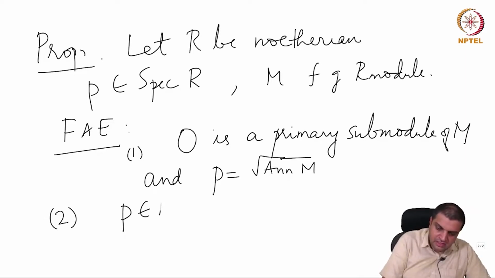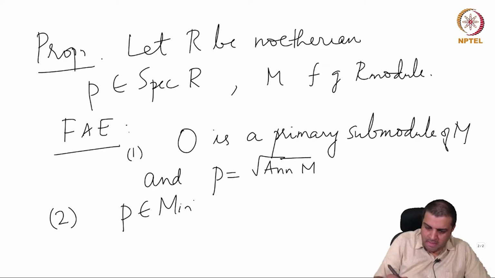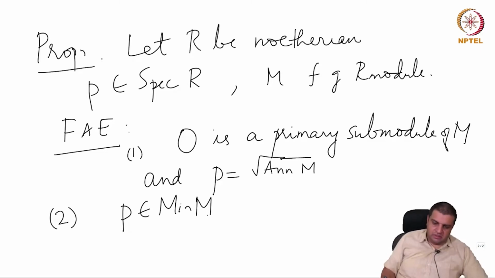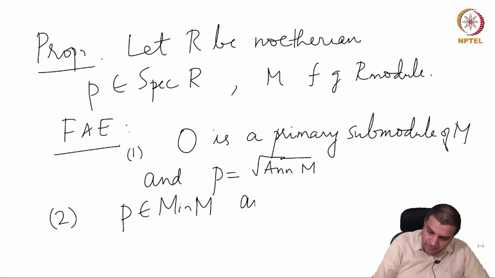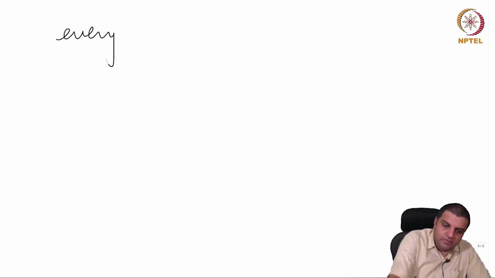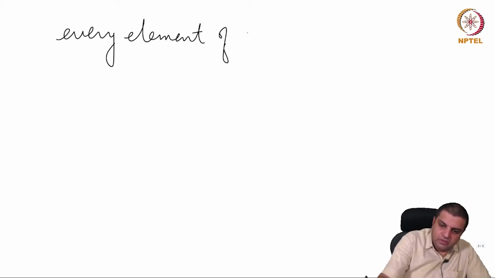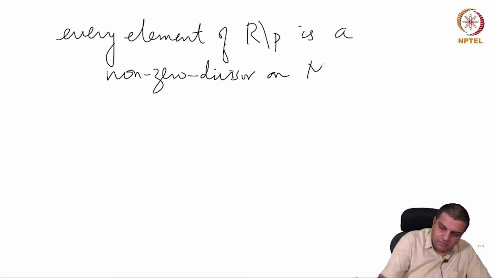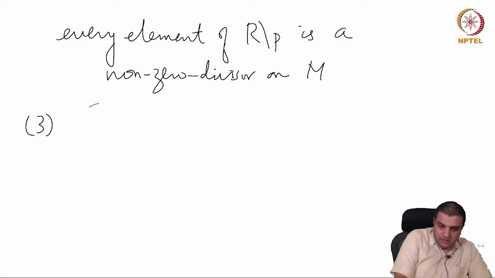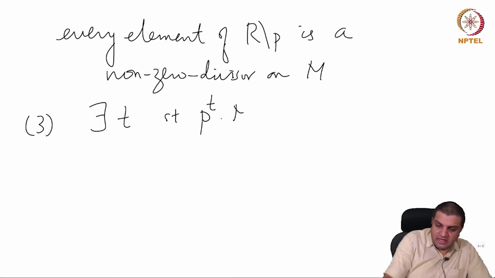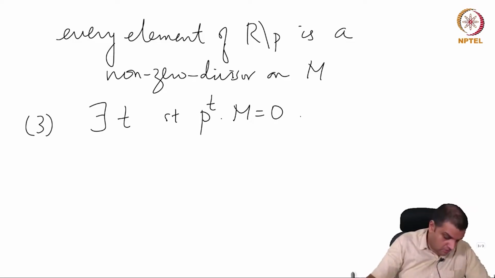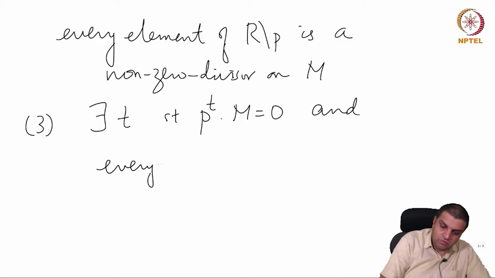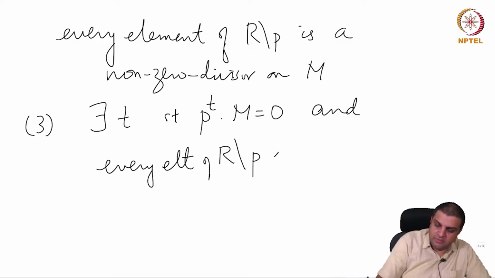Second condition, P is a minimal prime of M, and every element of R but not in P is a non-zero divisor on M. And 3, there exists some t such that P to the t annihilates M, and every element of R but not in P is a non-zero divisor on M. Okay.